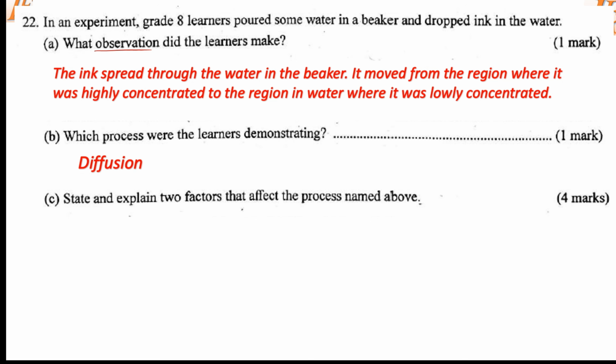Diffusion is the movement of particles from a region of high concentration to a region of low concentration, just like we have observed that this ink moved from a region where it was highly concentrated to where it was lowly concentrated. Another question C, state and explain 2 factors that affect the process named above. Factors which affect diffusion.